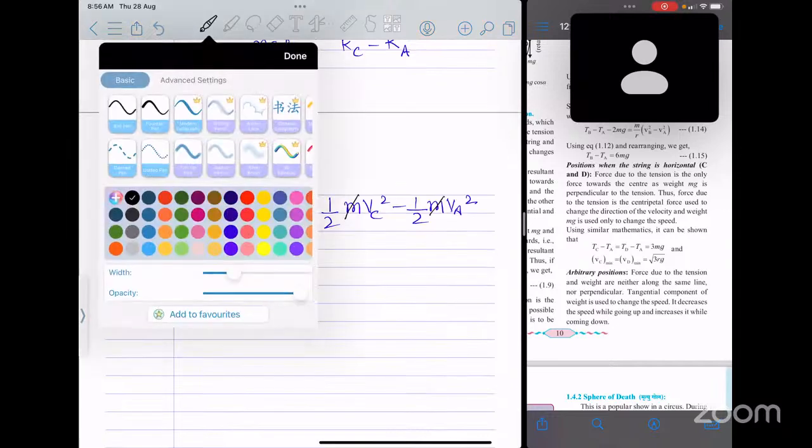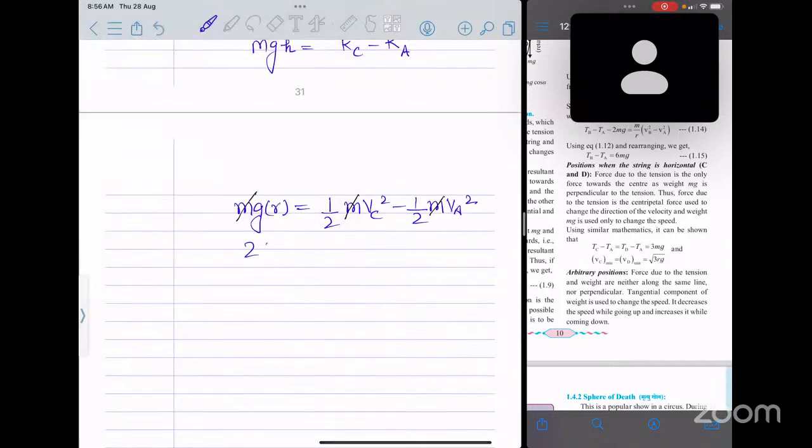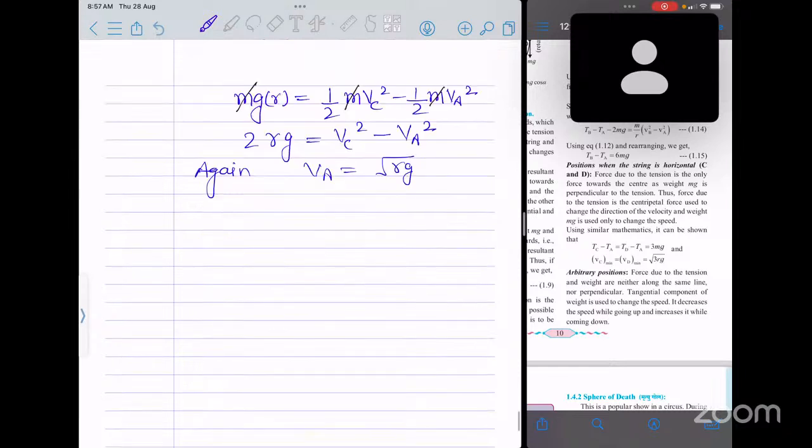Multiply the entire equation by 2: 2Rg is equal to VC square minus VA square. Again, VA is square root Rg. Substituting the value of VA, VC square minus Rg is equal to 2Rg, so VC square will become 3Rg. So VC is equal to square root 3Rg, which means the speed at point C is root 3Rg.